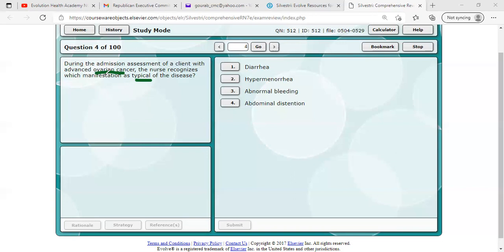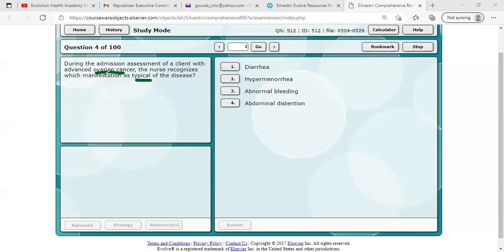When this process begins, there may be no or only vague symptoms, and symptoms become more noticeable as the cancer progresses. So at the beginning, the signs and symptoms are very vague. It is really difficult to distinguish from others.